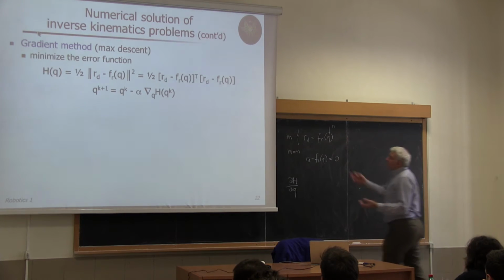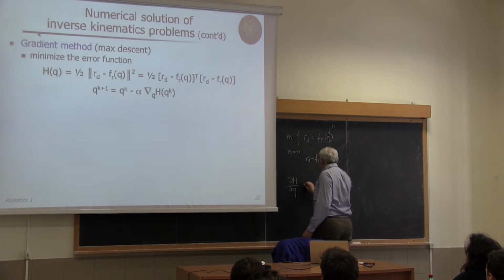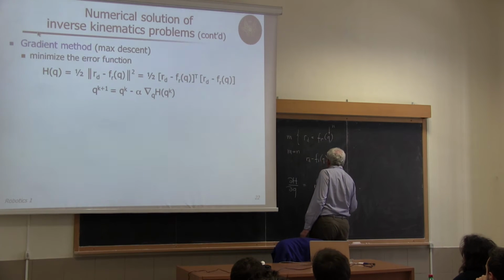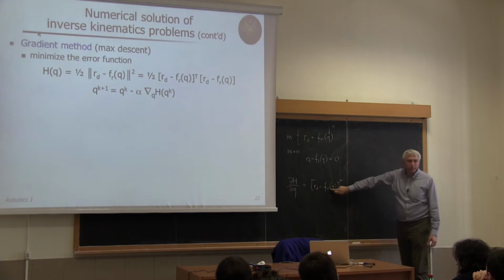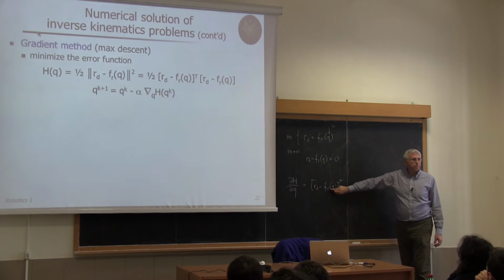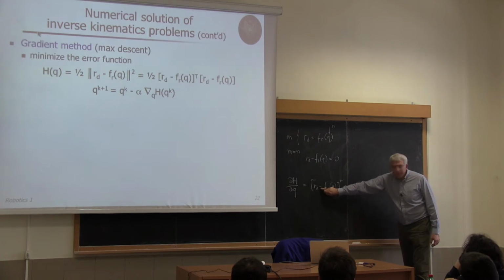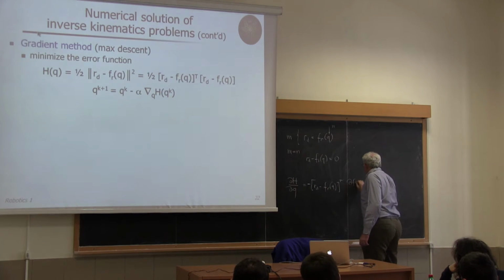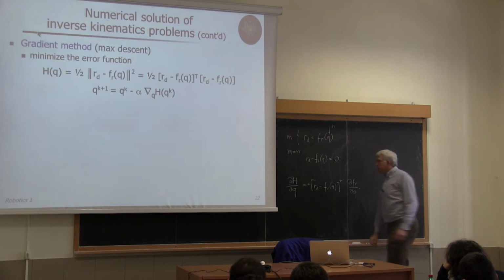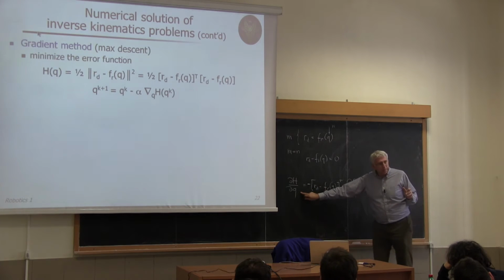Okay, so the derivative of this is a row, remember, so I'm taking first Rd minus f of Rq. And then I have to take the derivative of the term which is inside the square bracket. So I have to take the derivative of f with respect to q. And there's a minus sign here, so I have a minus here. And then I have derivative of f of r over q. Okay? And this is this expression.